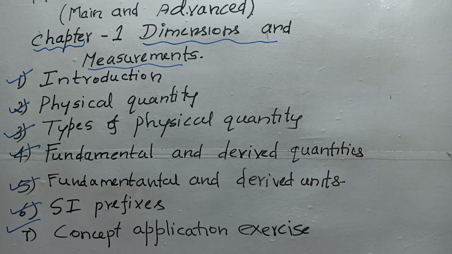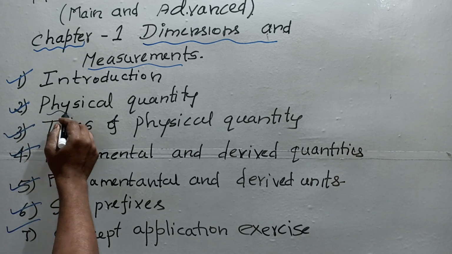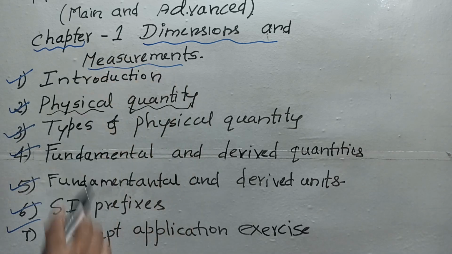Now let us try to understand the physical quantity. A physical quantity is a quantity which can be measured and by which various physical happenings can be explained and expressed in the form of laws.